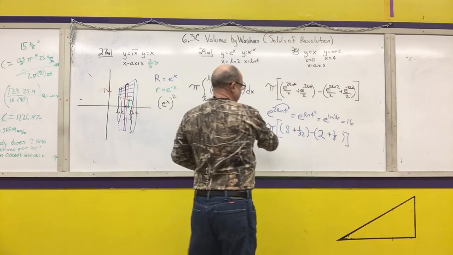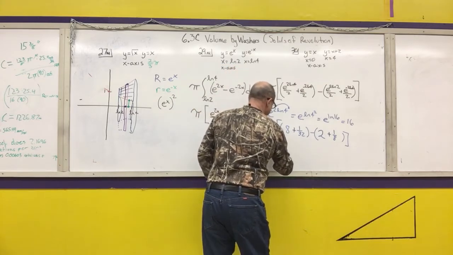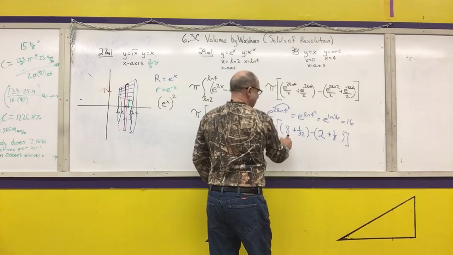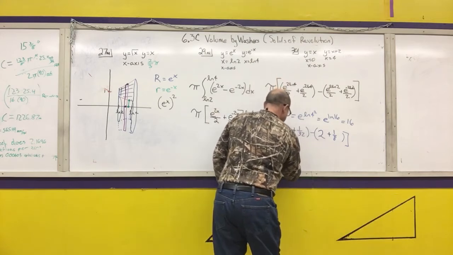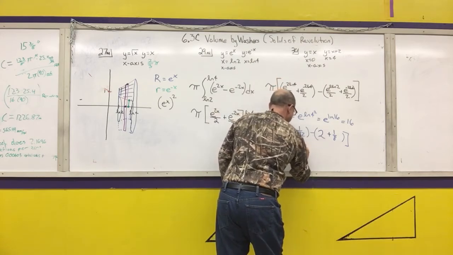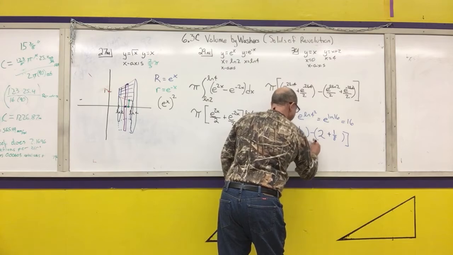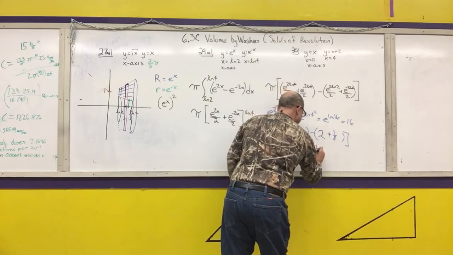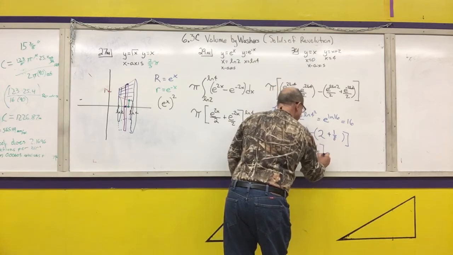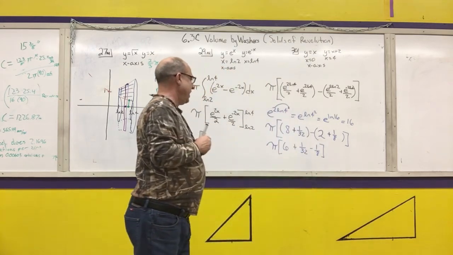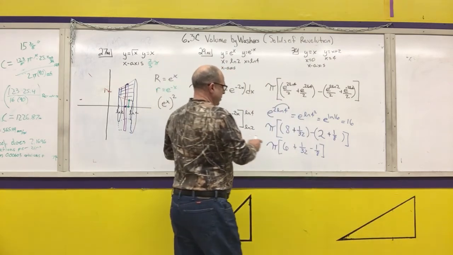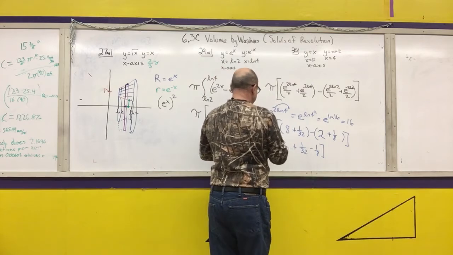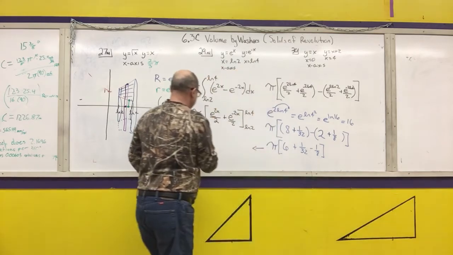Again, pi comes along for the ride. 8 minus 2 is 6, plus 1/32, minus 1/8. The lowest common denominator is 32nds, so this is 192/32.